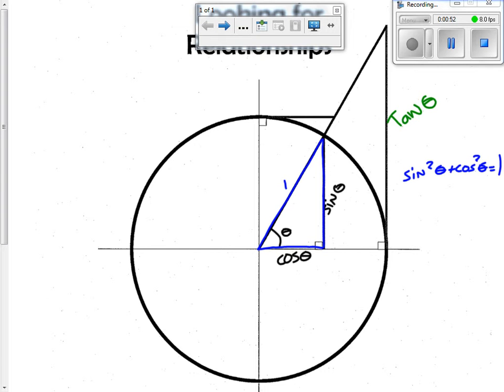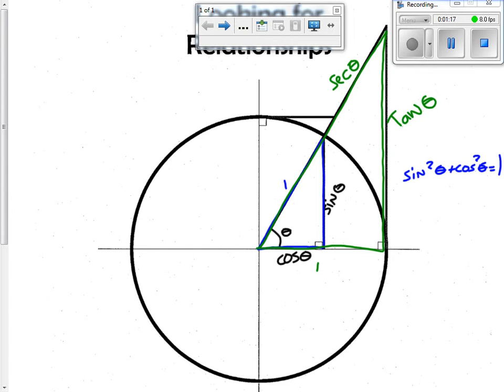If you also think back to geometry, you can know that this line is a tangent line, and the line over here is a secant line. And so if I look at this triangle in green, all the way down, all the way across, I then have a side of a triangle and the hypotenuse of the triangle, but I also have this side of the triangle is a 1.